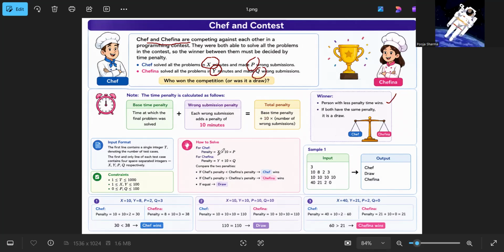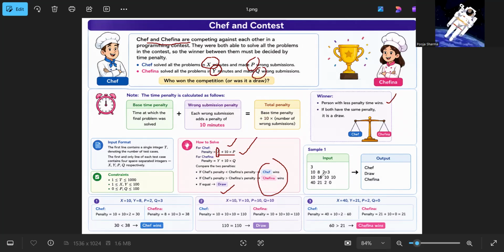The formula for penalty is already provided to us: how much time you take to solve the problem, X, plus 10 times the wrong submissions. This is how you will find out the penalty. For both the cases, you are given the X value, Y value, P value, and Q value. And if they are equal, you will print draw.